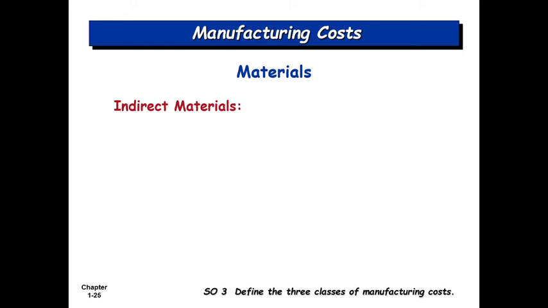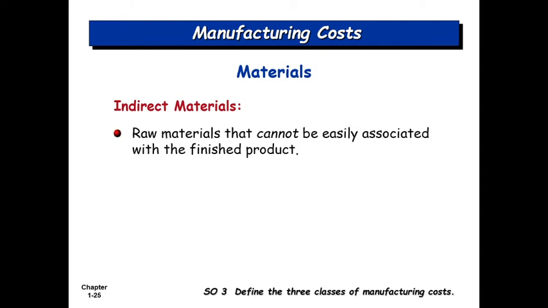Okay, now we continue to indirect material. Raw material that cannot be easily associated with the finished product, for example, as I just gave, screws or glue.